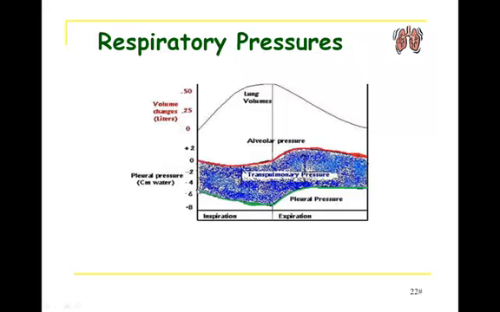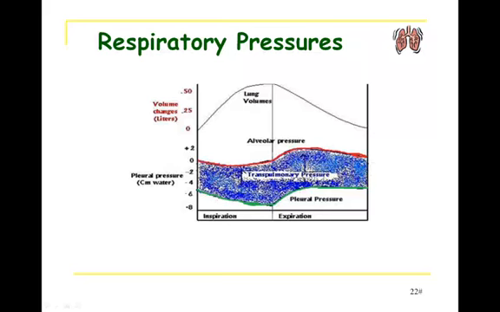During inspiration, it becomes more negative, and during expiration, it becomes less negative. But again, you notice it's always less than alveolar pressure. It does change with normal breathing, and it does change with forced breathing. If I was doing forced expiration, this can actually become positive if you do some really forced expiration.